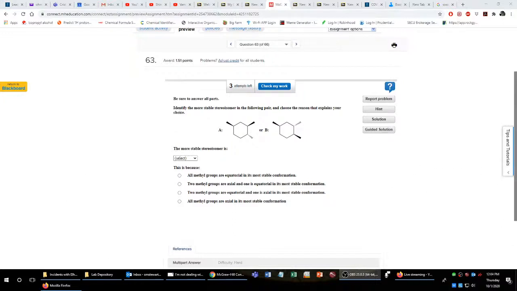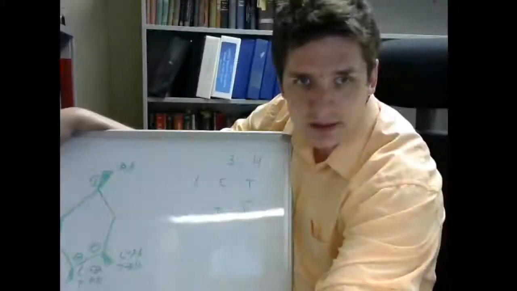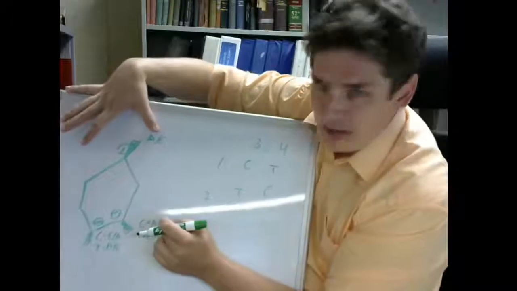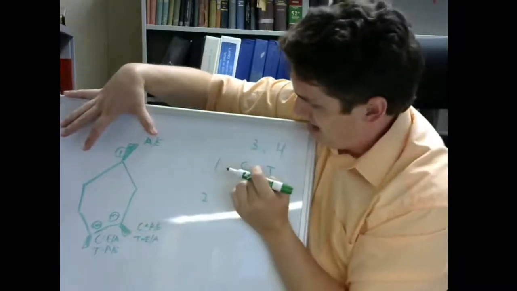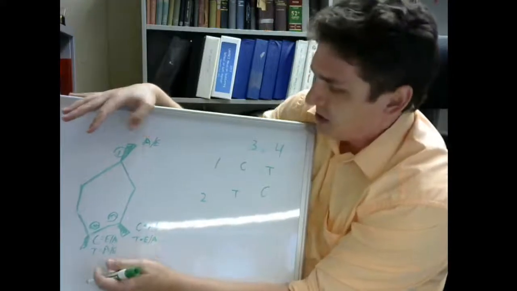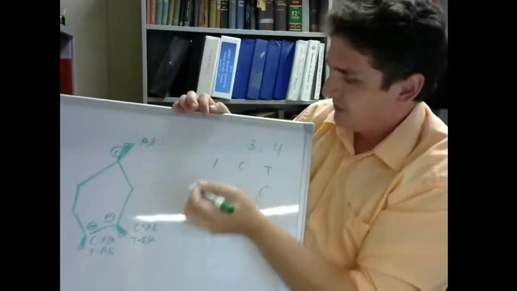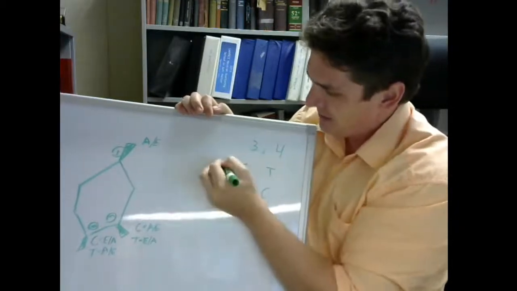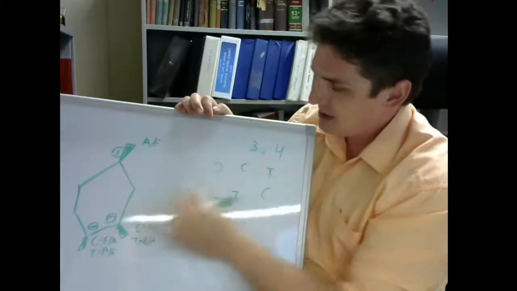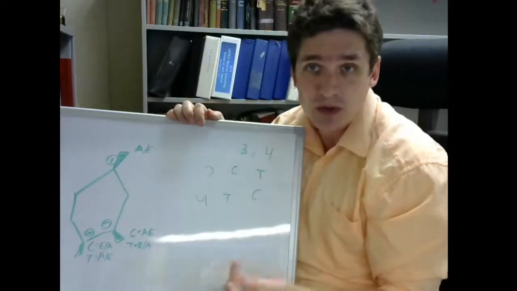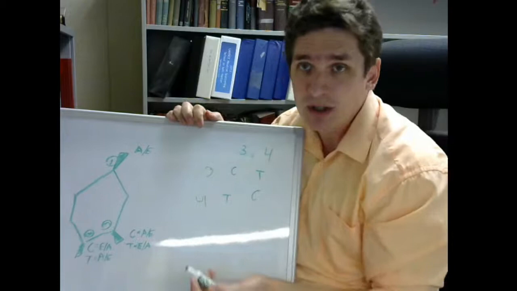So if we look at our 2 options and we go back to the board here, in the first one is cis, which would make them both equatorial if they were equatorial, and the second one is trans, and the trans would also be in the same position. So if we go with the first one, where the first one's the third position, third position is cis, the 4th position is trans, all 3 would be axial or all 3 would be equatorial.